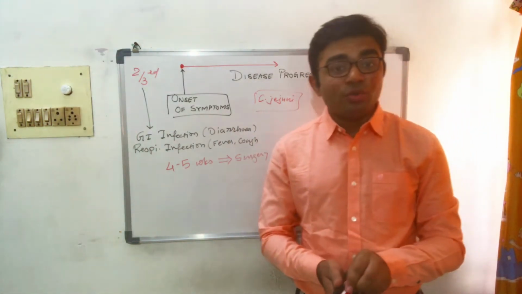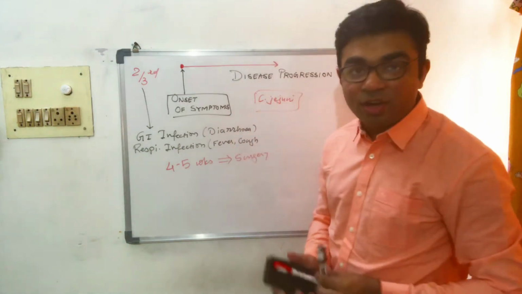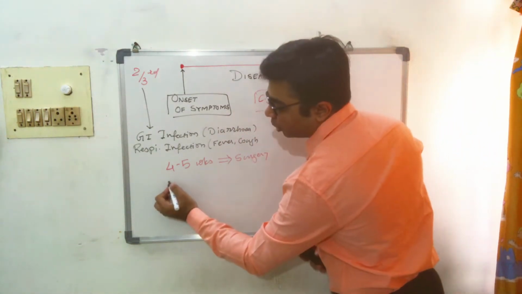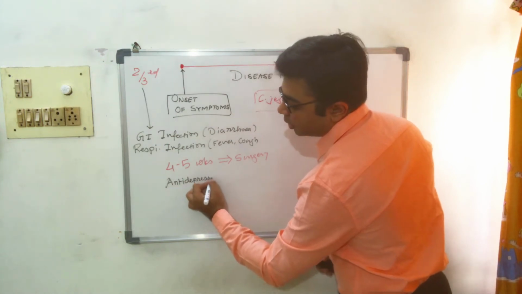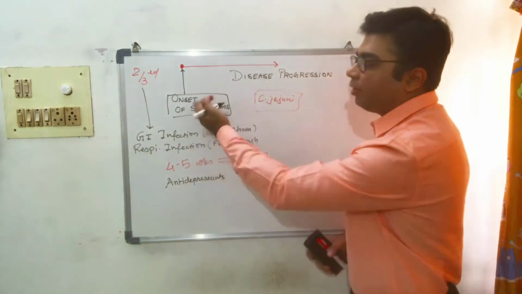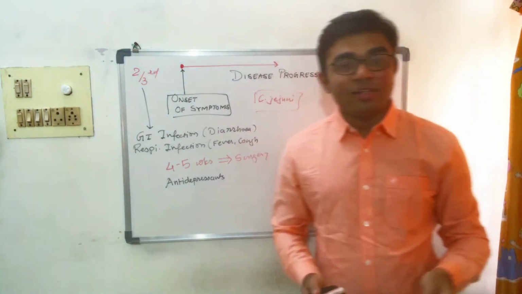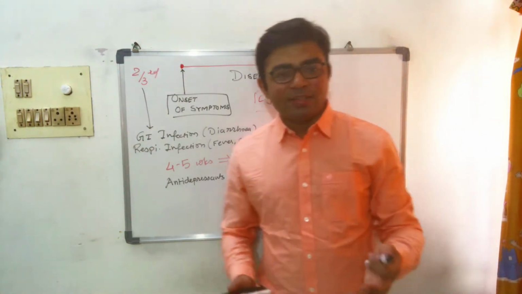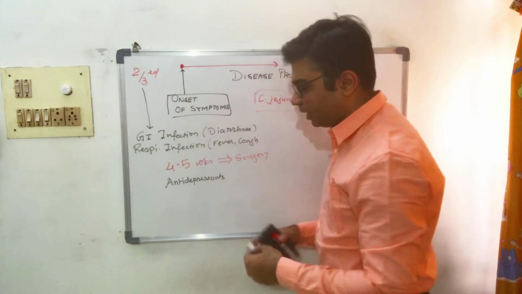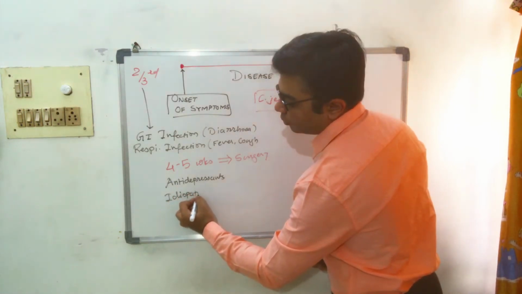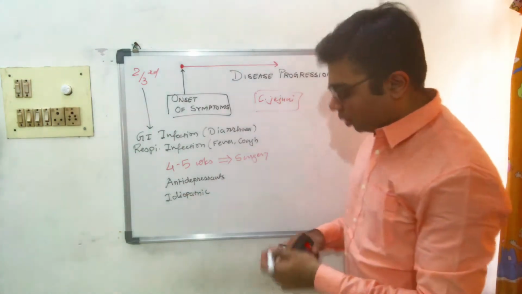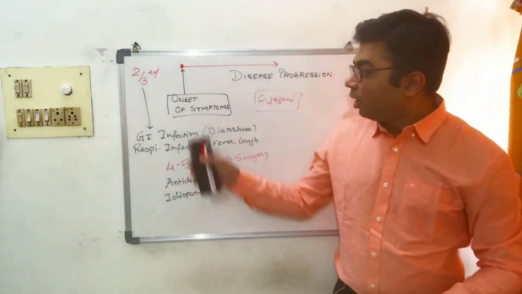Next is the prolonged use of antidepressant drugs, which can give rise to the symptoms of GBS. And the last is an unknown reason, which we call idiopathic. That is, the reason behind the onset of symptoms is not known.